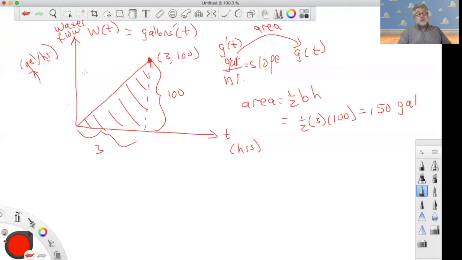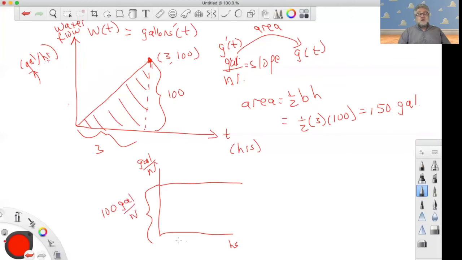We want to get from gallons per hour to gallons. We can't just multiply by gallons. We could if the function looked like this, and this was gallons per hour, and this is hours. That would be 100 gallons per hour, and this was 3 hours.